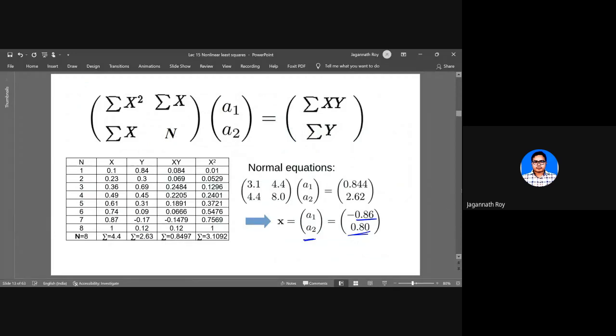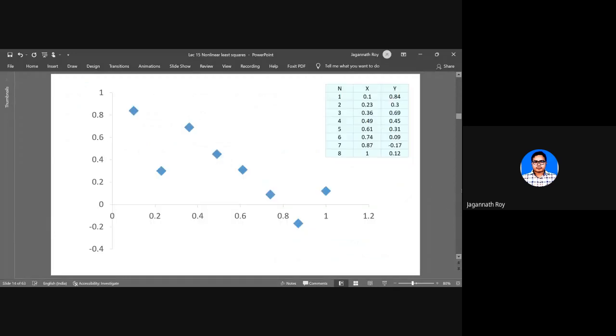You can find it directly from the data. Now the line that you are going to make is minus 0.86 x plus 0.80. So y equals to this one, this line.